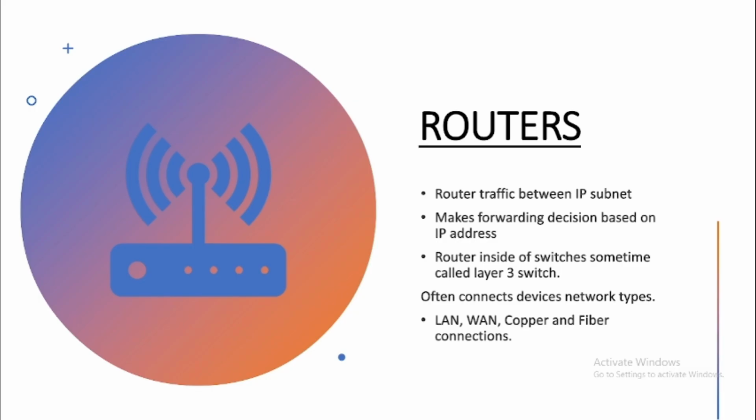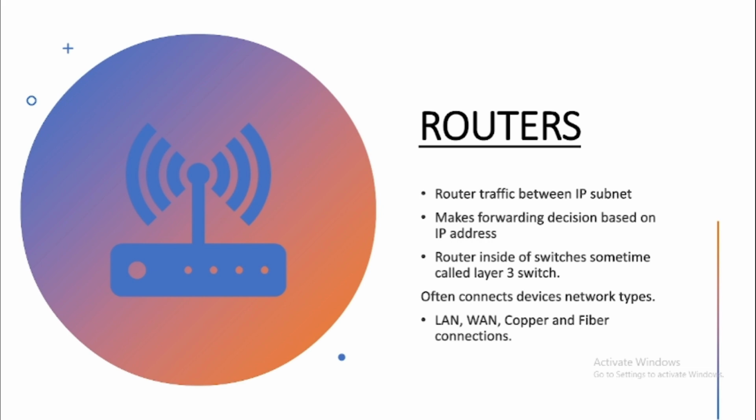Let's go on further and look at what a router is. A router is a device that forwards traffic between different IP subnets. The router uses the IP address within the packet to determine what the next hop might be on its way to the final destination.